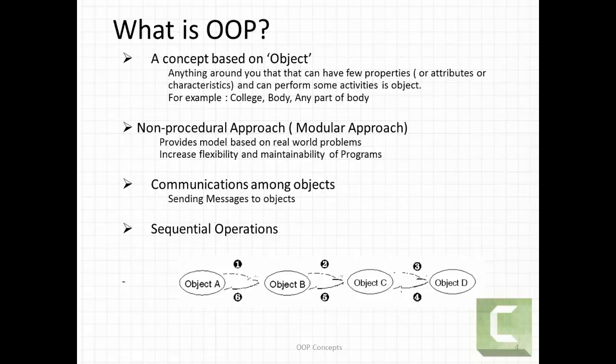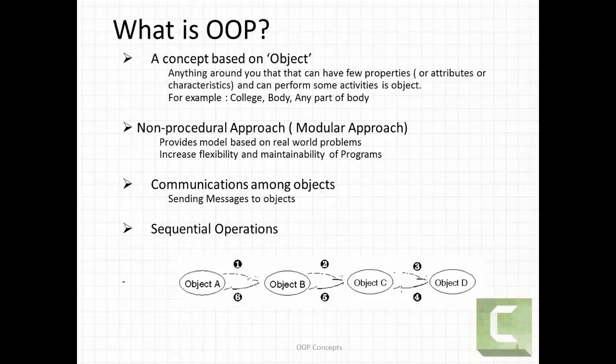OOP is a non-procedural approach, which is called a modular approach. Modular approach means you can think of objects, and you can club those objects together to make a model.